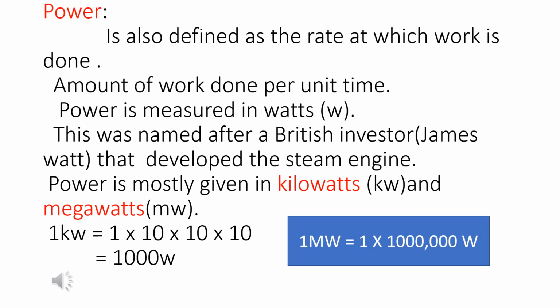We can as well say that power is defined as the rate at which work is done, the amount of work done per unit time. Power is measured in watts.